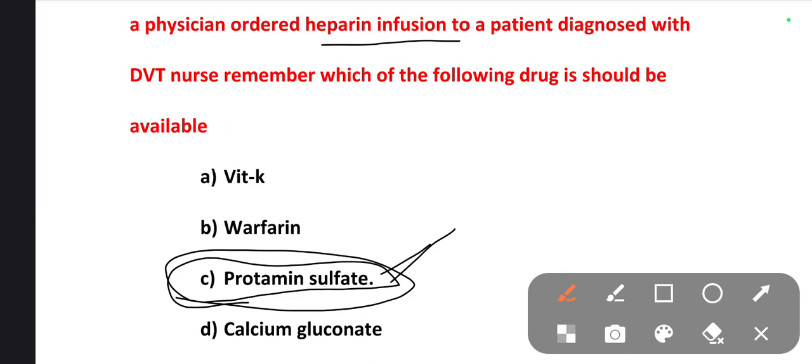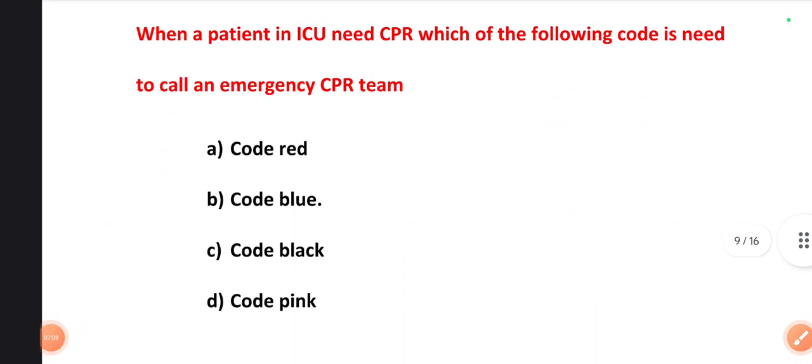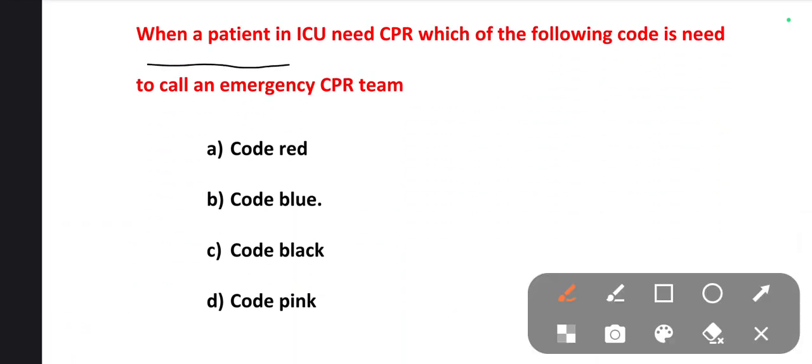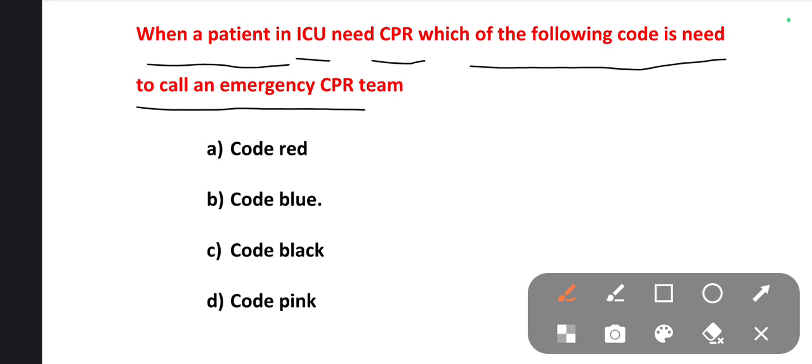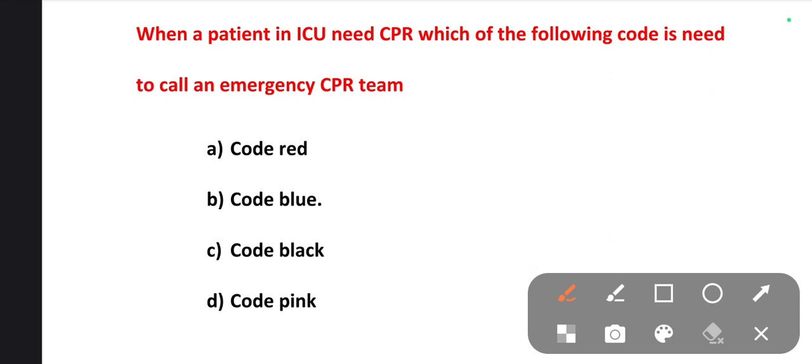The next one is: when a patient in ICU needs CPR, which of the following codes is called to summon the emergency CPR team? Options are code red, code blue, code black, code pink. The right one is code blue.